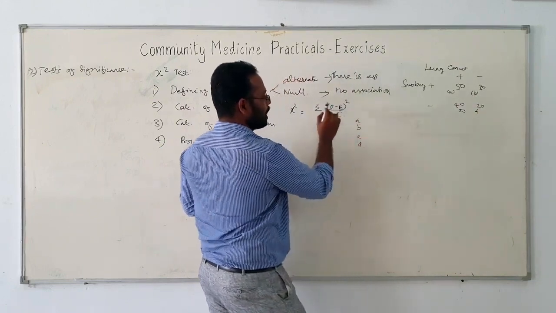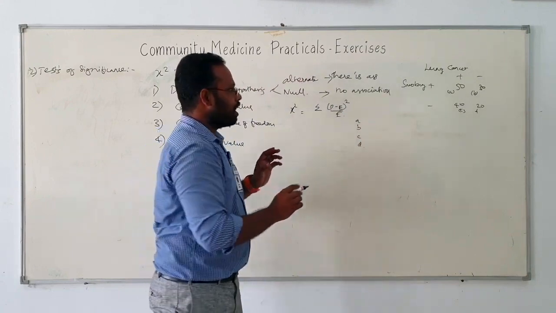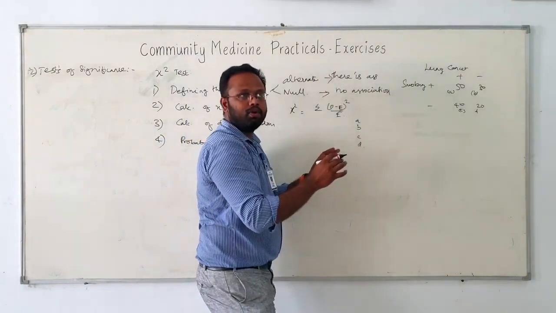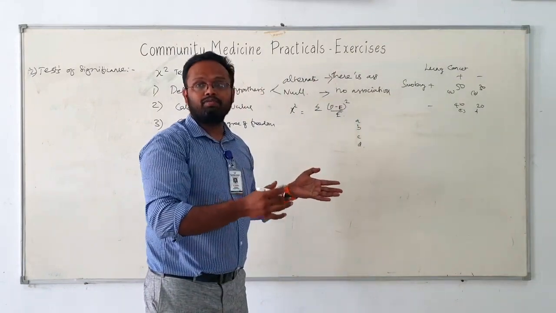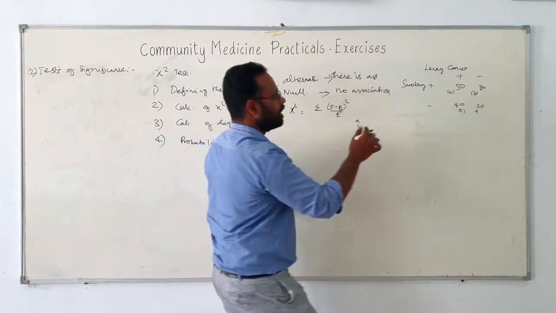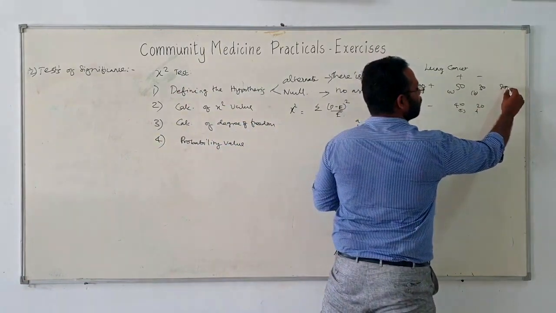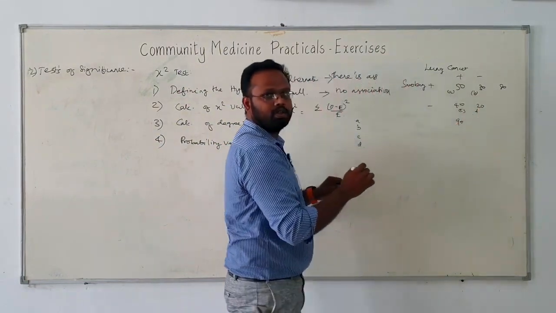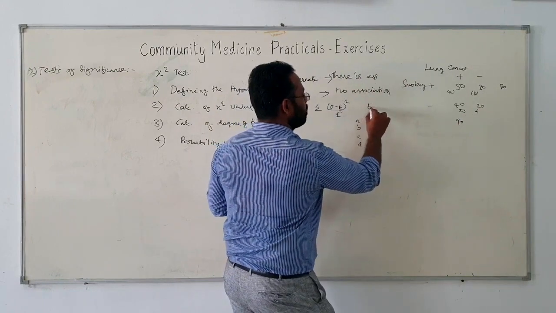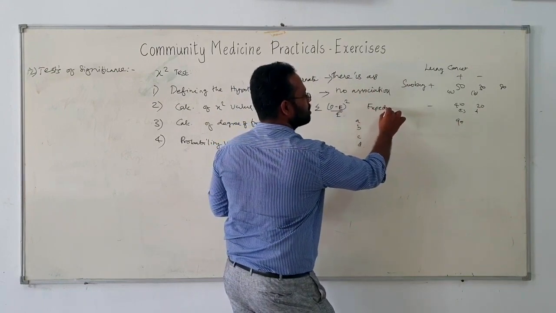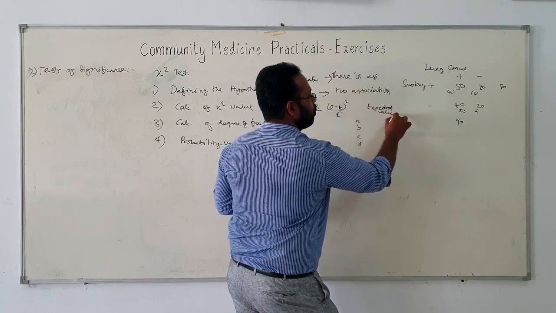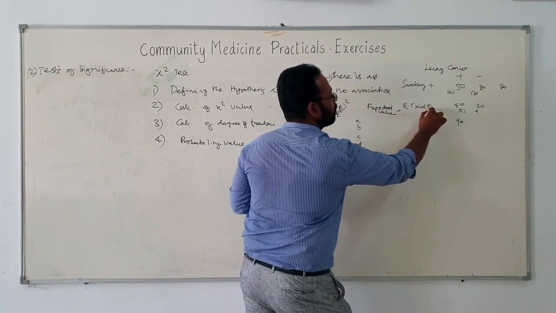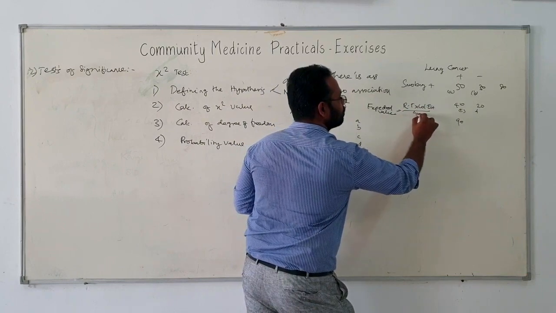So what is this observed value and expected value? Observed value is just what you got. Expected value: if there is no difference, what would have been the value there? That is calculated usually by row total into column total divided by grand total.